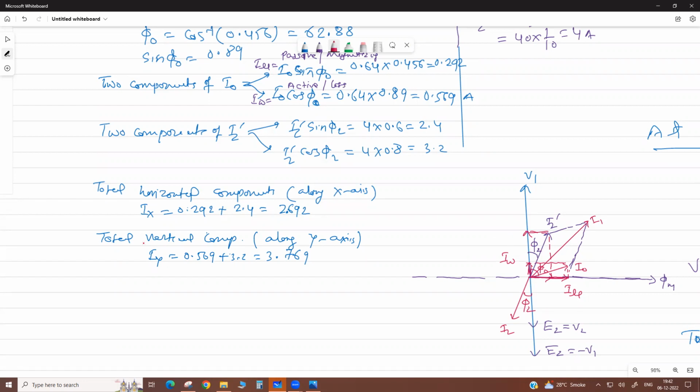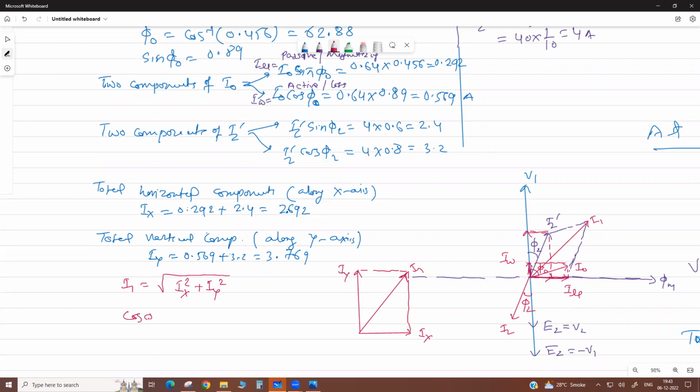Then we calculate the total, this Ix and Iy, like your total vertical and total horizontal. This is Ix, this is Iy. Then their vector sum will give you I1. Now this I1 equals root of Ix square plus Iy square.